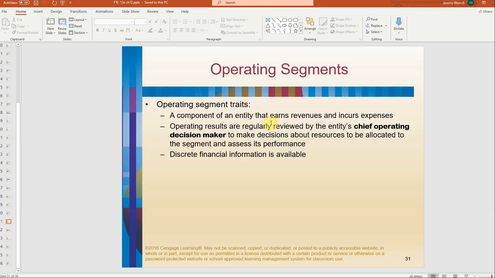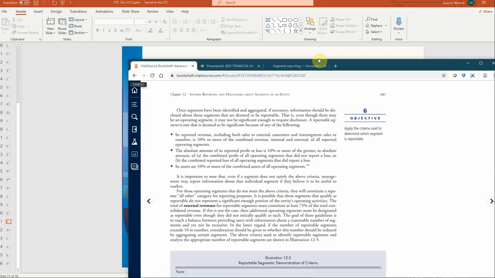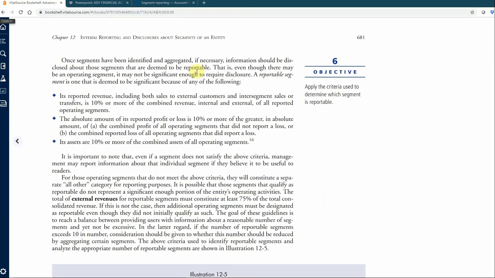So once we've defined what an operating segment is for our business, we want to figure out what is actually reportable for the business, and there's going to be a set of tests that we do to figure out what's a reportable segment.